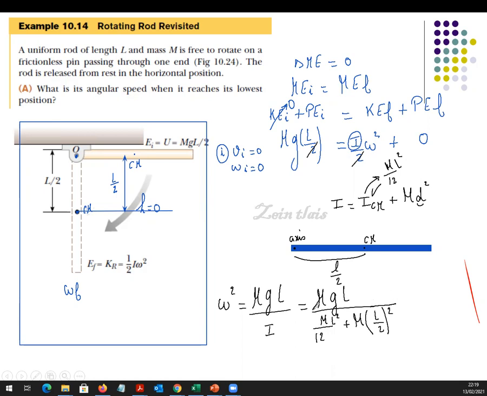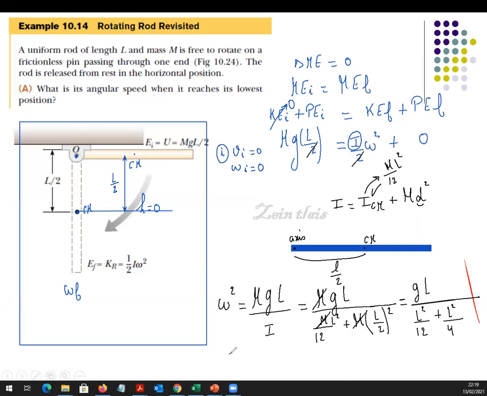We can eliminate m and m. We have GL divided by L squared divided by 12 plus L squared divided by 4.